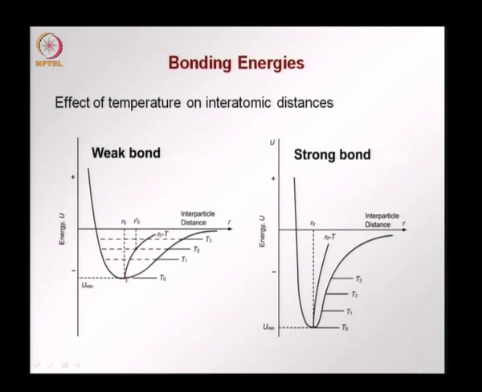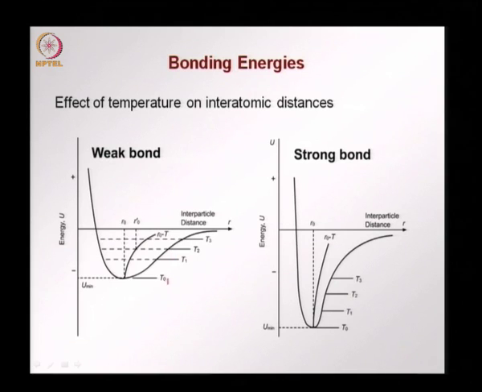What we find then is that this average distance for, say, a temperature T2 will be R0 prime, which is higher than R0. We find that the average distance at any temperature higher than T0 will be always larger than R0, and this is the reason why we see expansion with temperature.